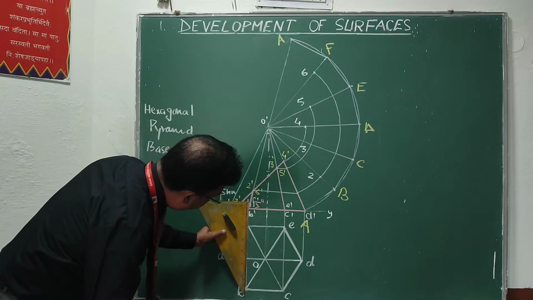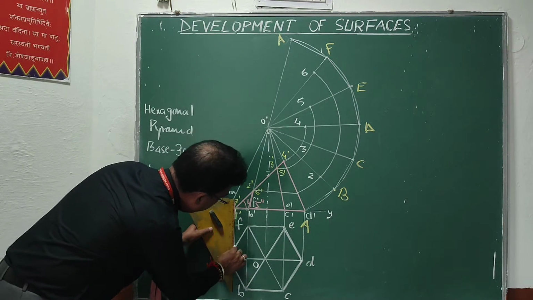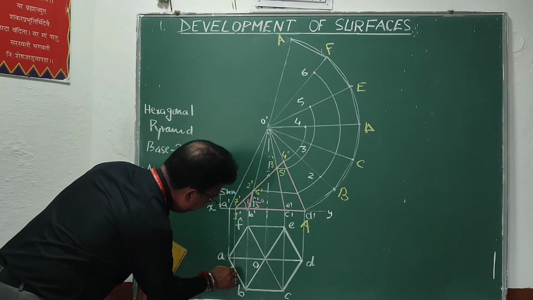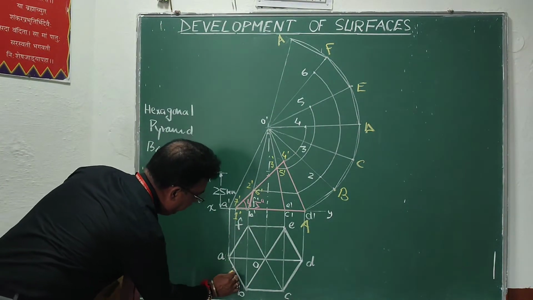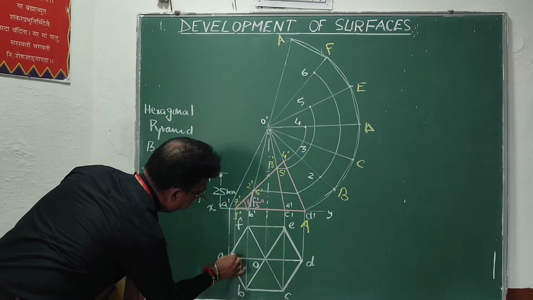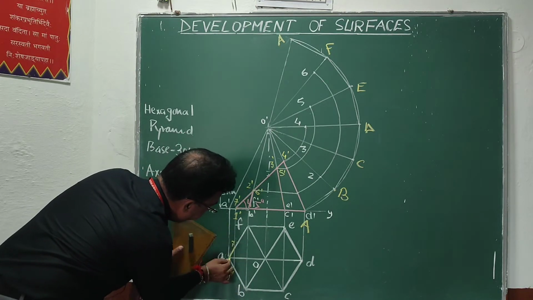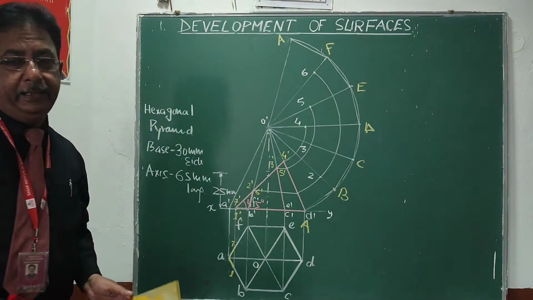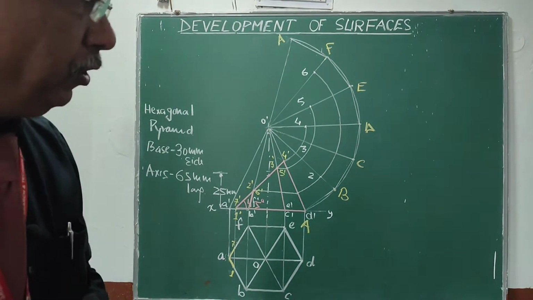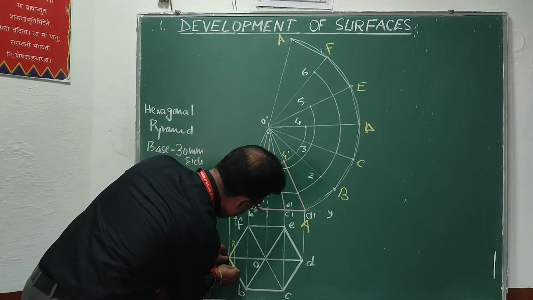So from this 1 dash 7 dash, I will move downside and I will get the points 1 and 7. Now this distance will be the true distance of A1 and A7. So now with the help of an arc, I can pick this distance A1.